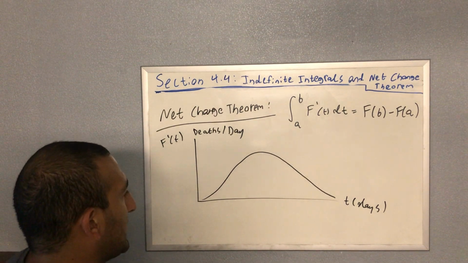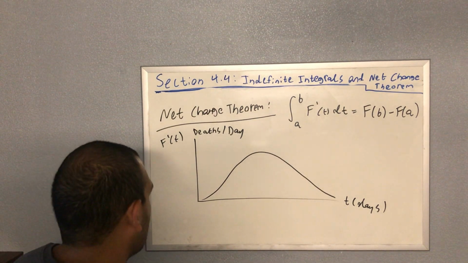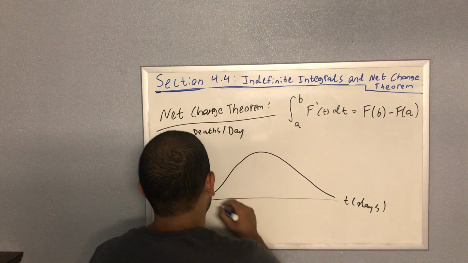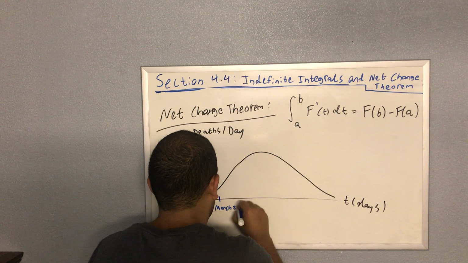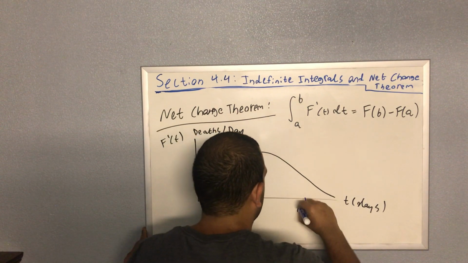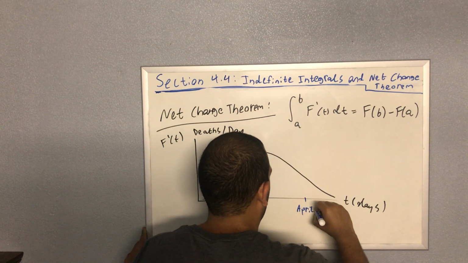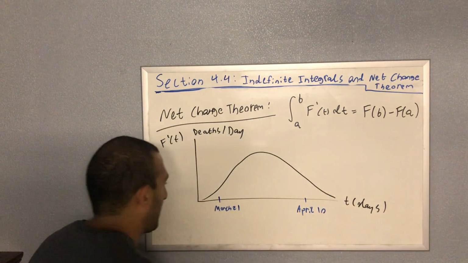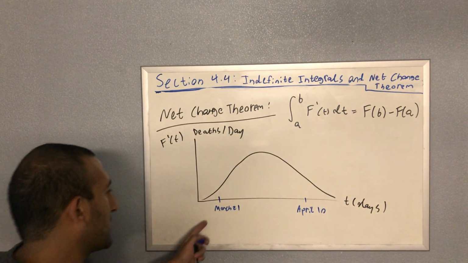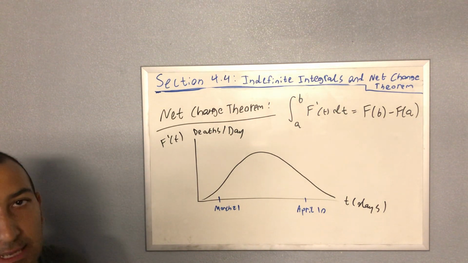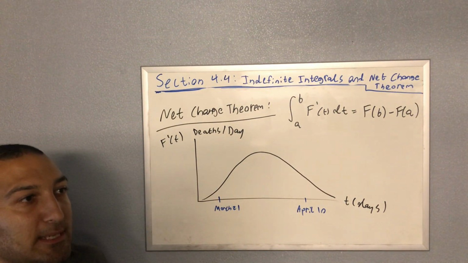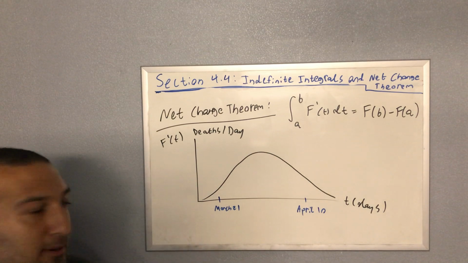So what the net change theorem is saying is, say this is March, I don't know, 21st. This is April 10th, okay? So these represent so many days from the original day. Let's say like March 1st is day 0, so the day we start counting.